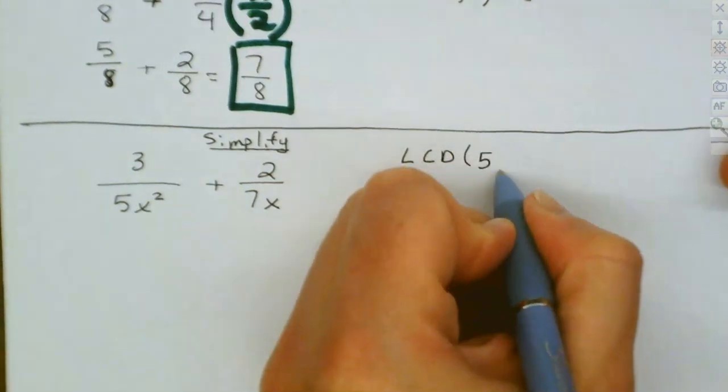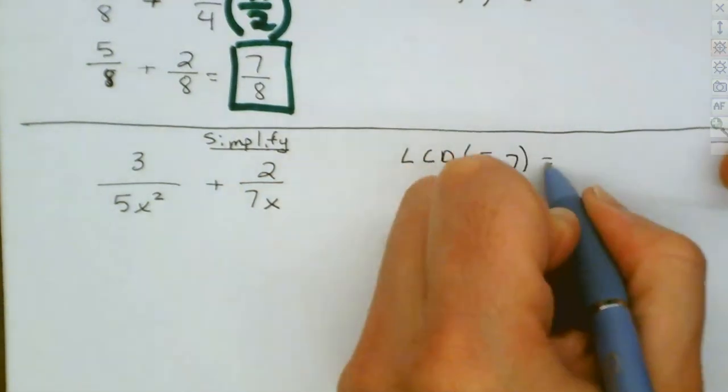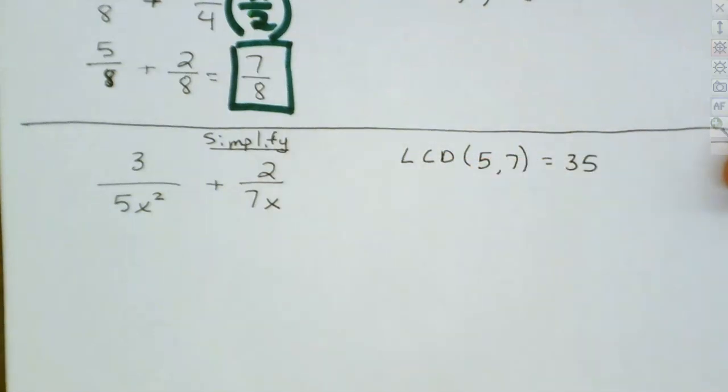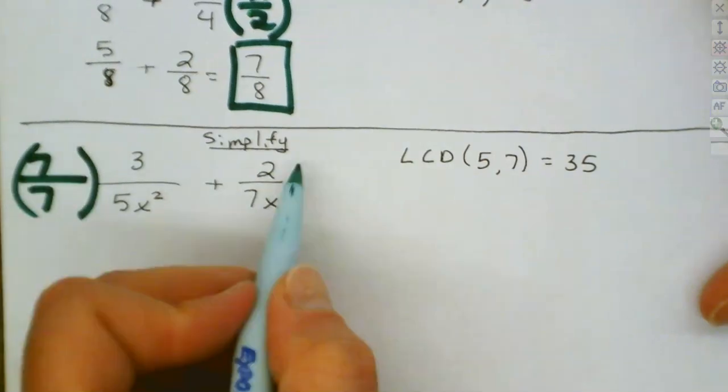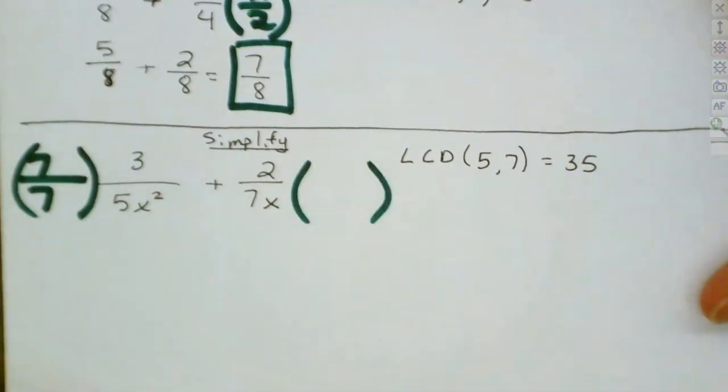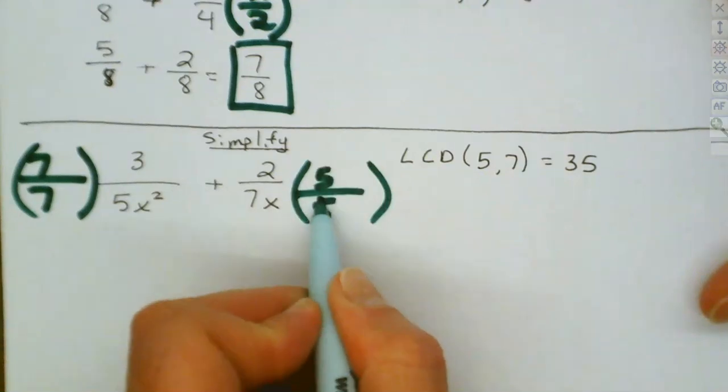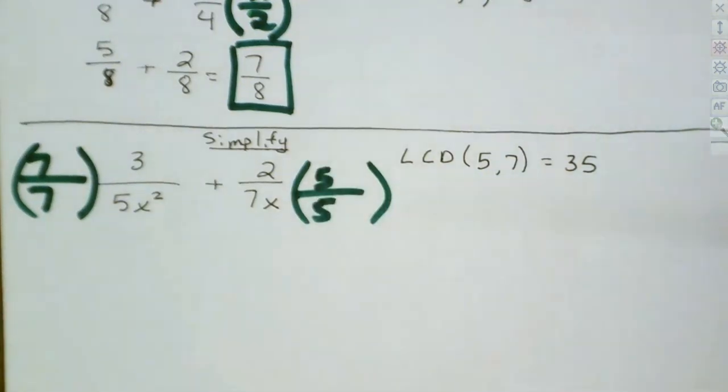Least common denominator of 5 and 7. Well, these have nothing in common, so that's a 35. So the first one needs a 7 over 7, and the second one needs a 5 over 5.